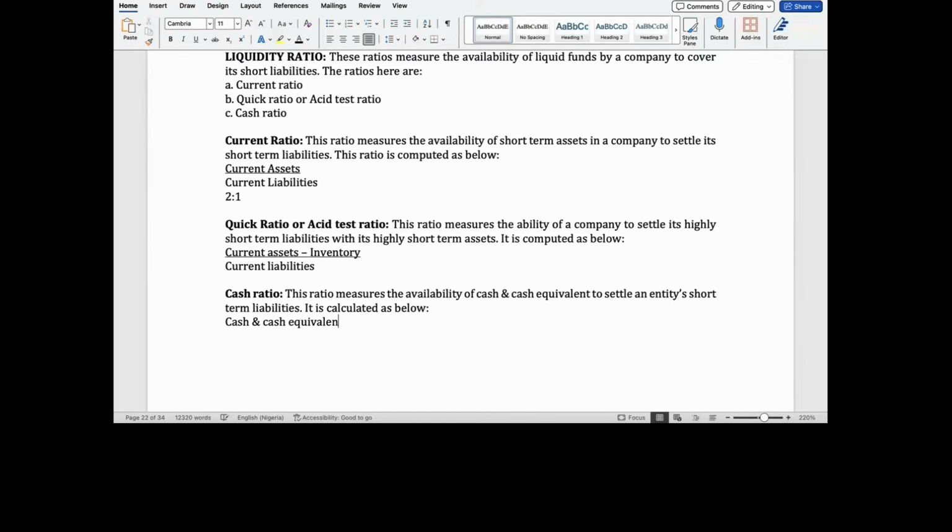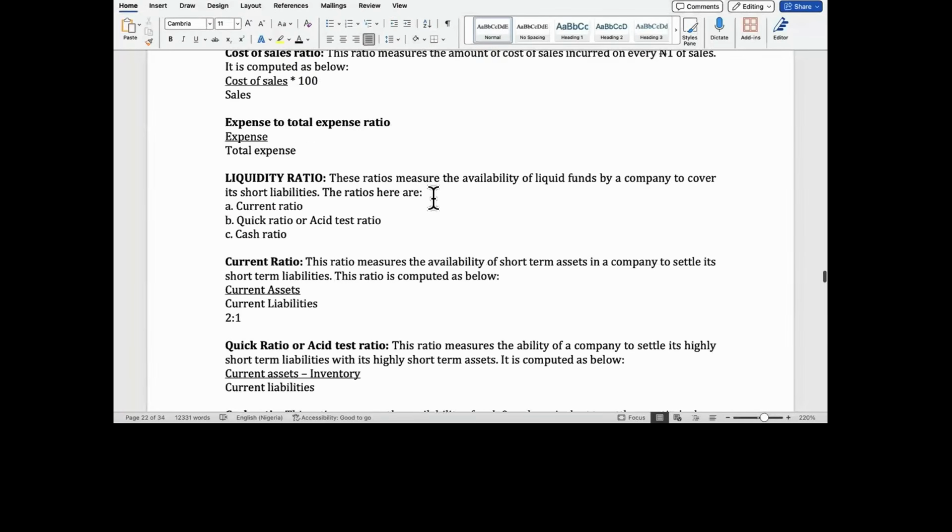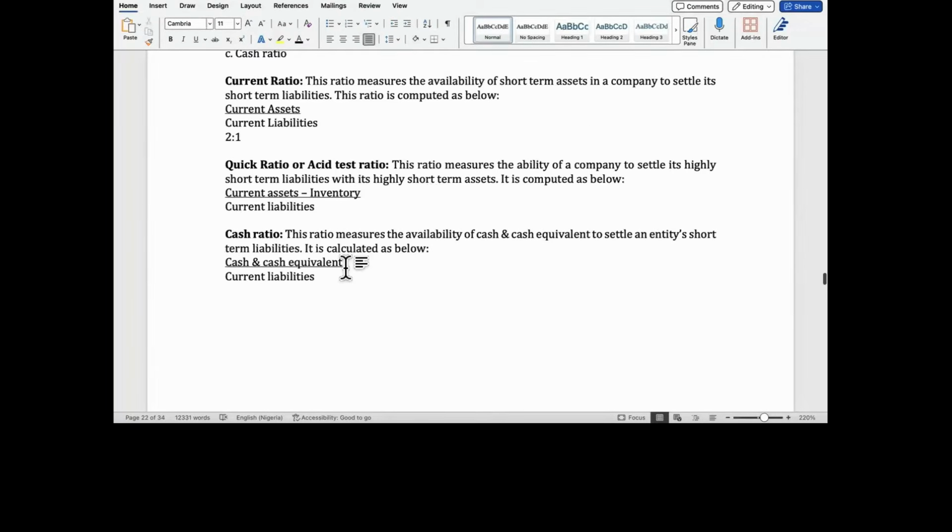As the name implies, cash and cash equivalents over what? Current liabilities. Okay, so those are the liquidity ratios that are commonly used.